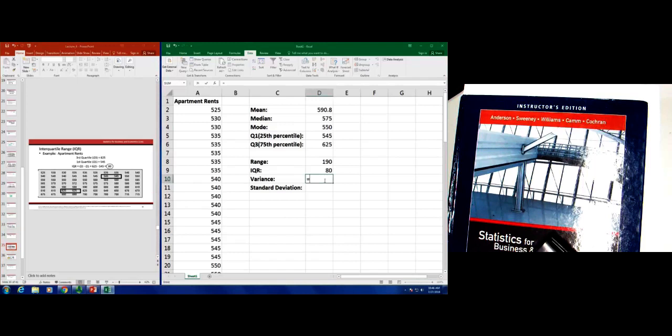Variance. The variance function estimates variance based on a sample, which is the sample variance.